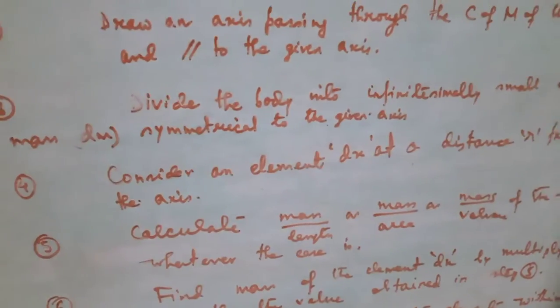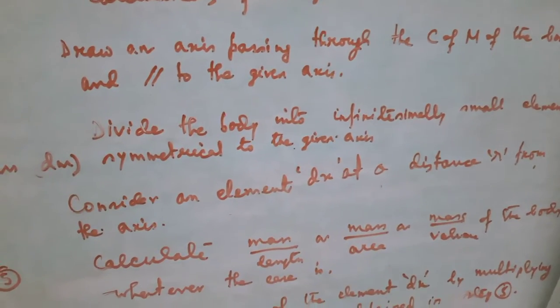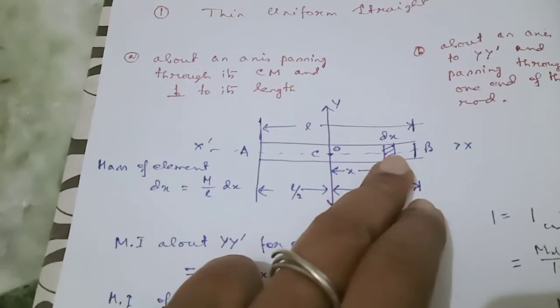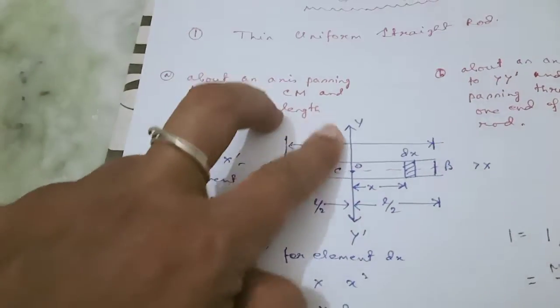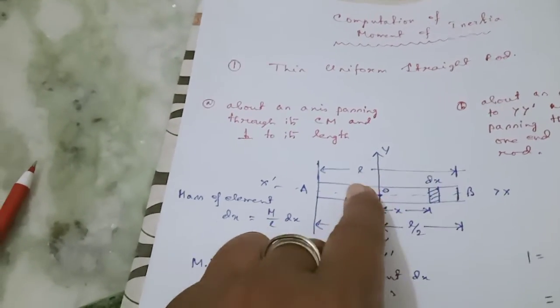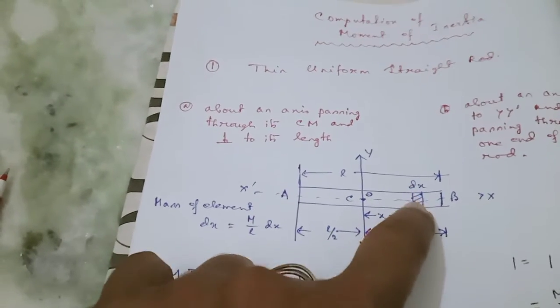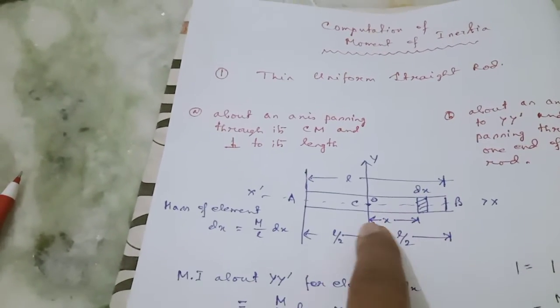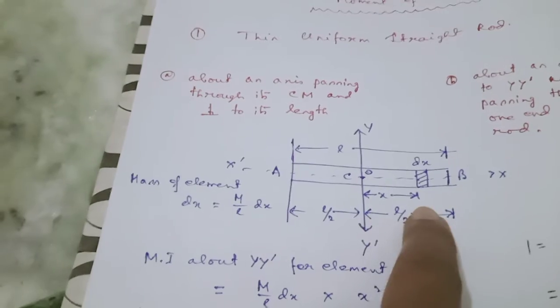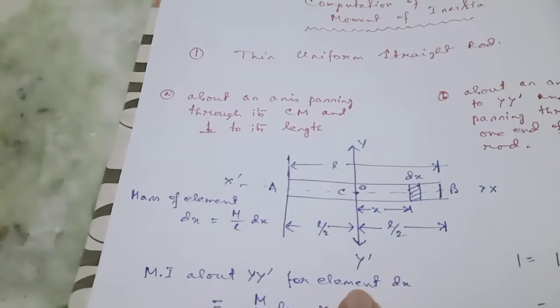Step 3, divide the body into infinitesimally small elements dx symmetrical to the given axis. So I have divided it into small elements dx. This is symmetrical because this is the central line and this is the mirror image of this one. Element dx is considered at a distance of x units. This is considered to be the x-axis, this is considered to be the y-axis.